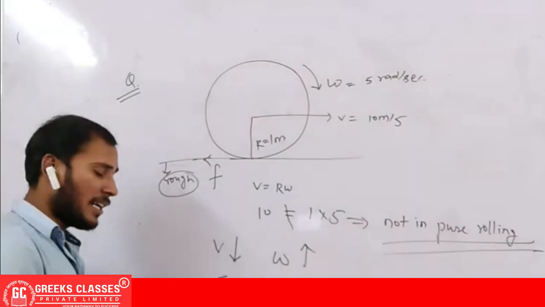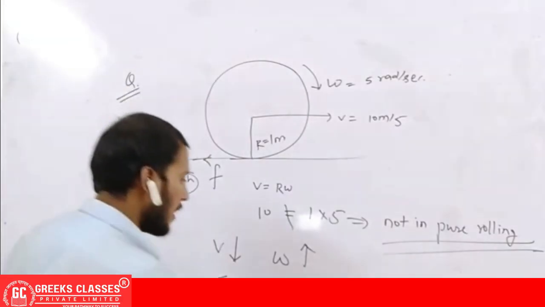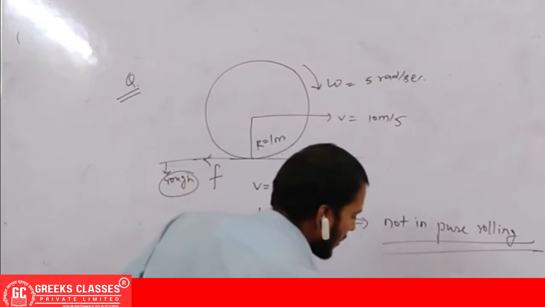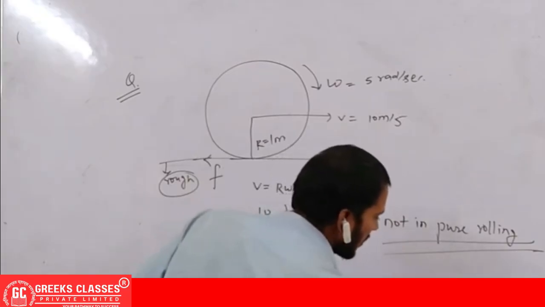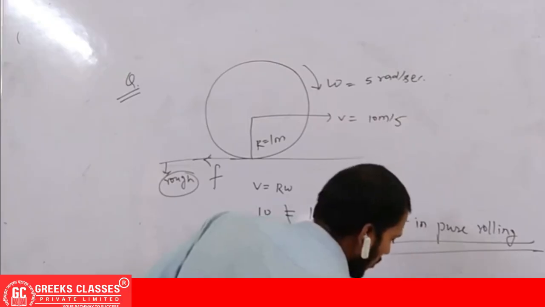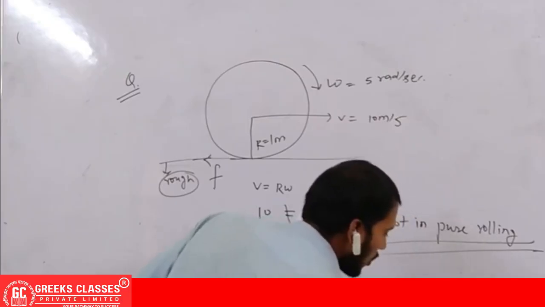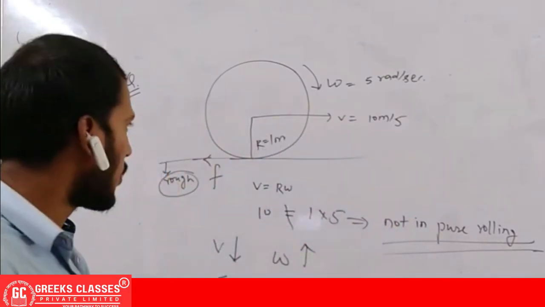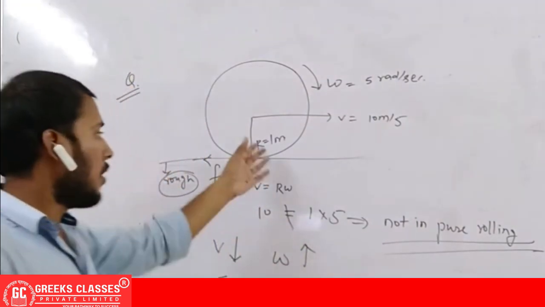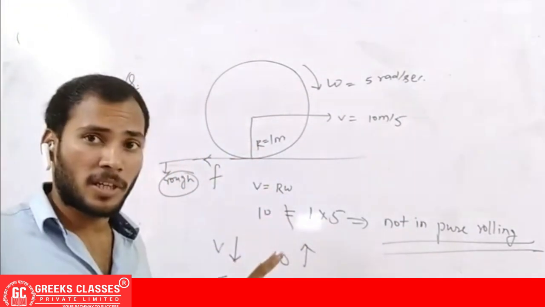And there will be a condition, we will reach a condition where v will be equal to r omega, and it will start performing pure rolling. So this is the way we approach the problem. So first of all, we will look at whether it is in pure rolling or not. So currently in this situation, this body is not in pure rolling.